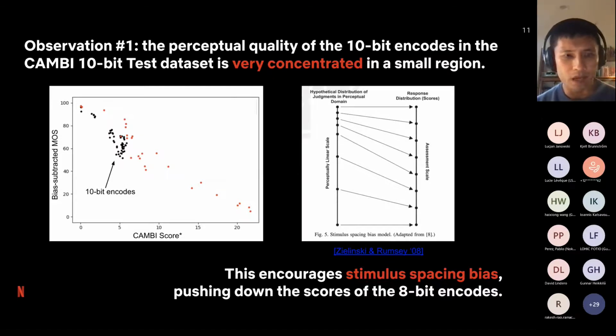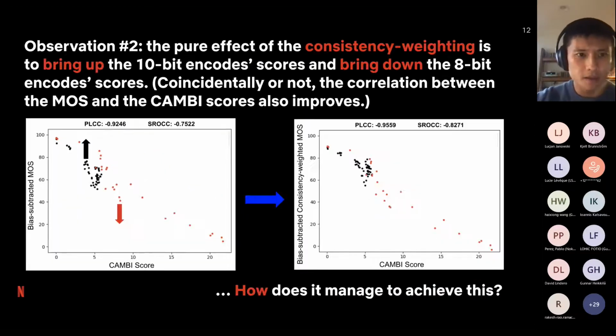And when it applies to this case, we can see the net effect is that the 8-bit encodes' scores got pushed down by these effects. Which kind of explains why you see a negative bias when the 8-bit encodes are evaluated in a 10-bit data set. And the second observation is the following.